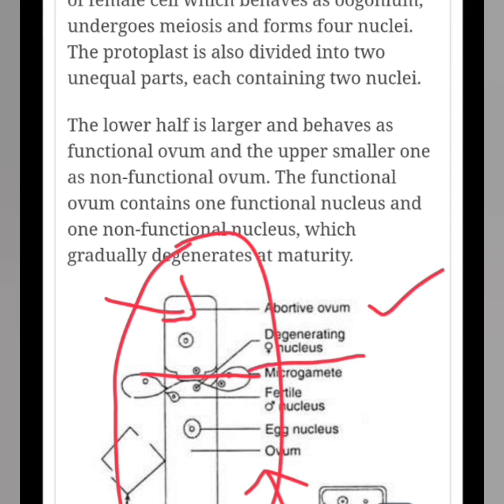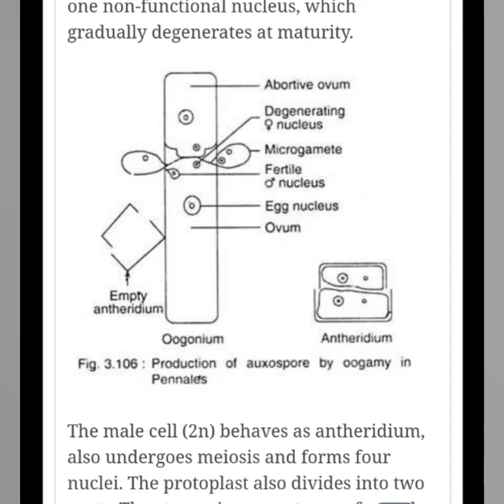The degenerating nucleus is the smaller one, whereas this larger one is the egg nucleus, that is the functional nucleus.